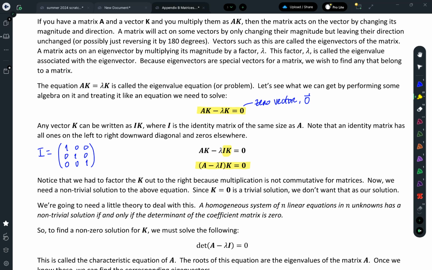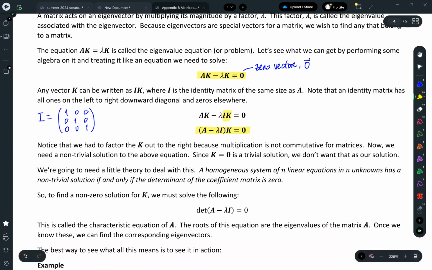A homogeneous system of n linear equations, so homogeneous meaning that this is equal to 0, in n unknowns has a non-trivial solution if and only if the determinant of the coefficient matrix is 0. Okay, so the coefficient matrix for us is going to be this A minus lambda I.